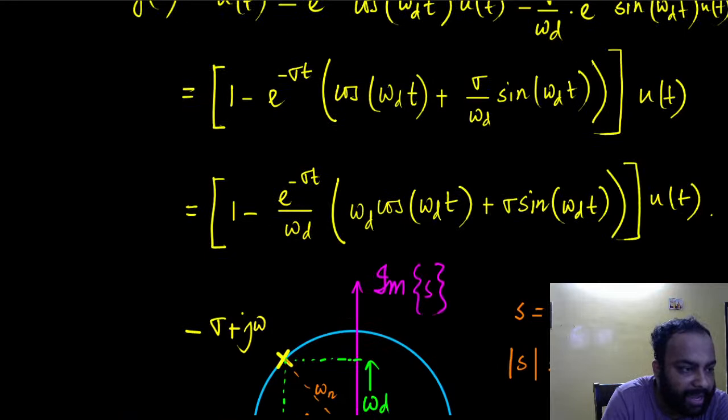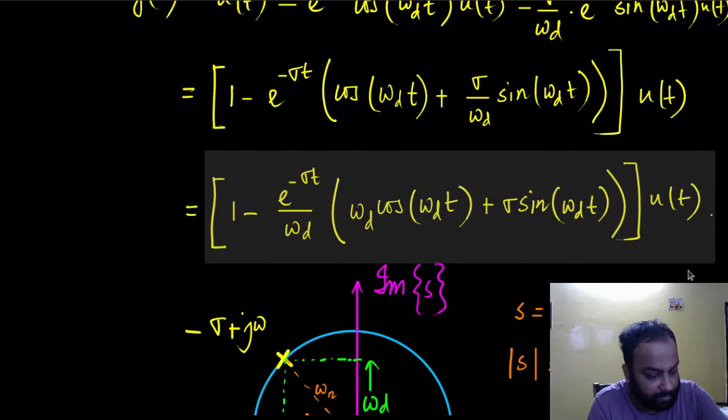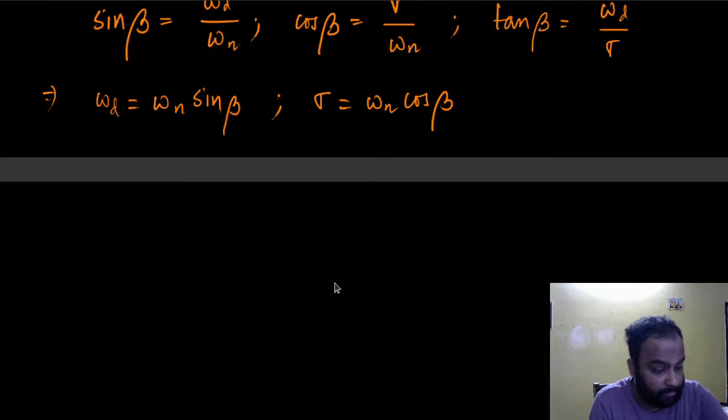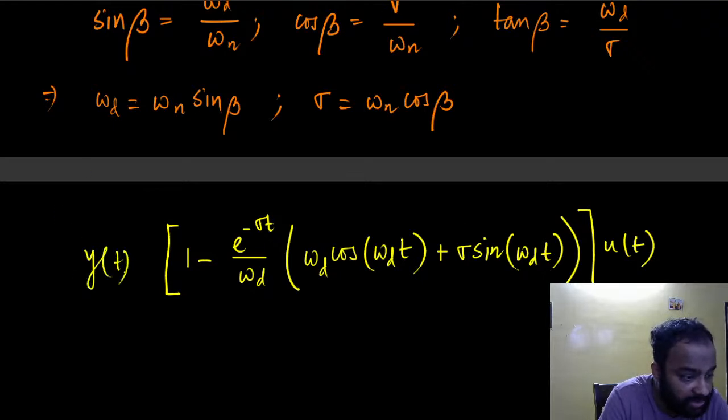Let's pull this back here. That was the output of the system, or rather the step response of the system, the output when the input is step. Now instead of omega d, I'm going to write omega n sine beta, and instead of sigma, omega n cosine beta.